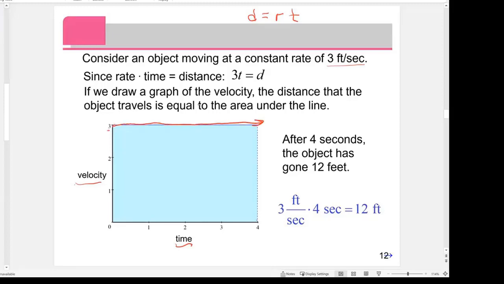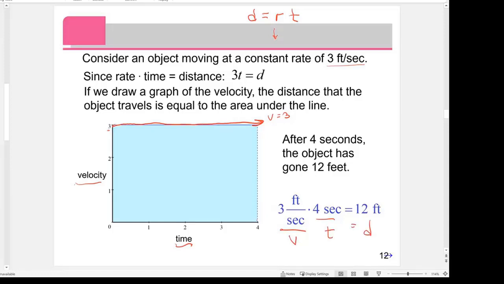This is the graph of v equals 3. And then if I go for 4 seconds, that's the end.